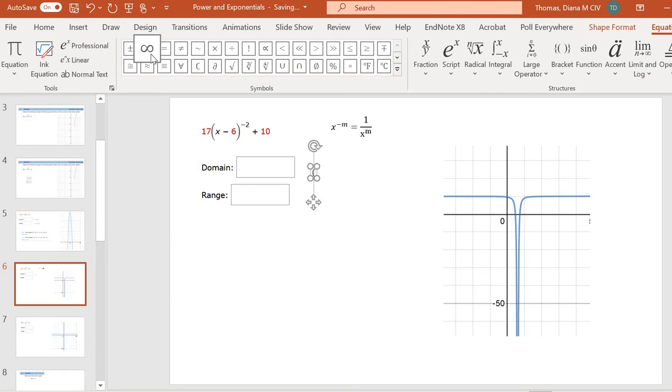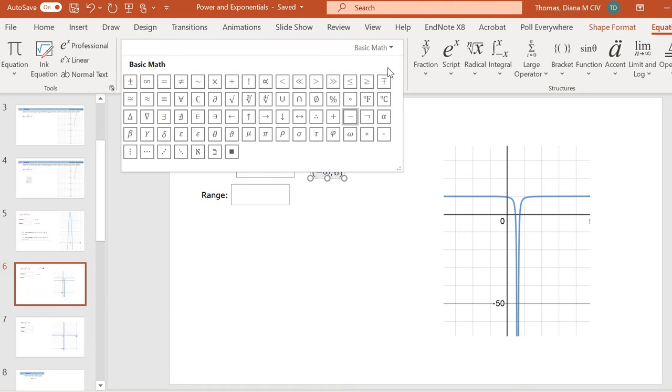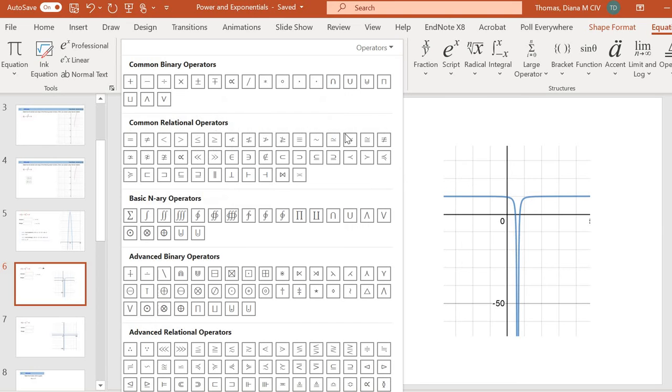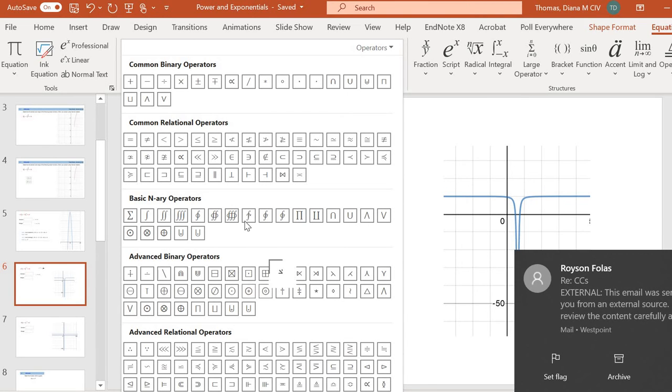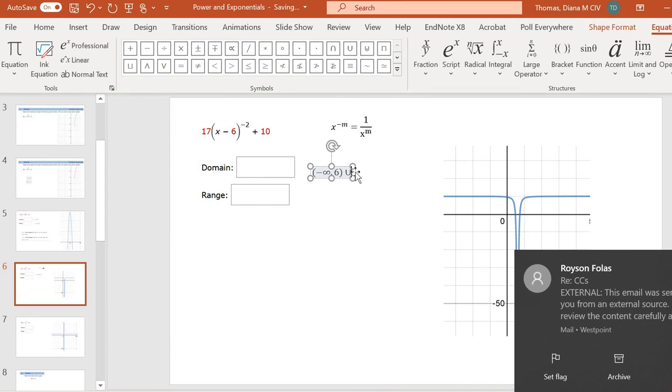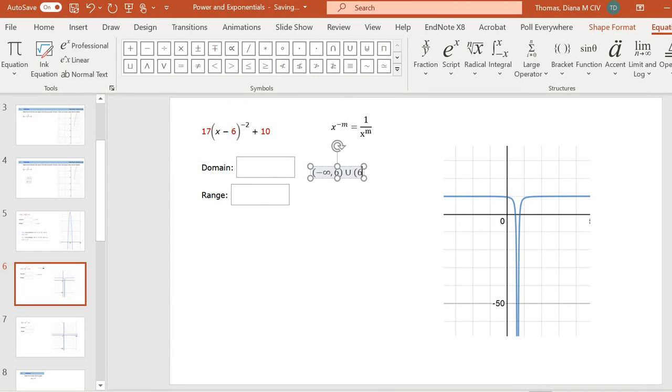That would be a good thing to do right here, actually. My pen is not working on 6. Union. So here's a union. That's the up cup. 6 and infinity.